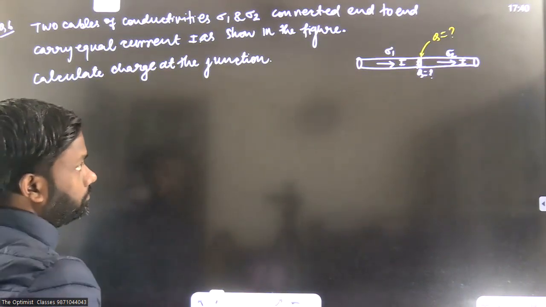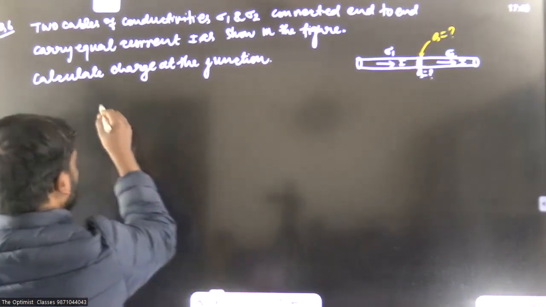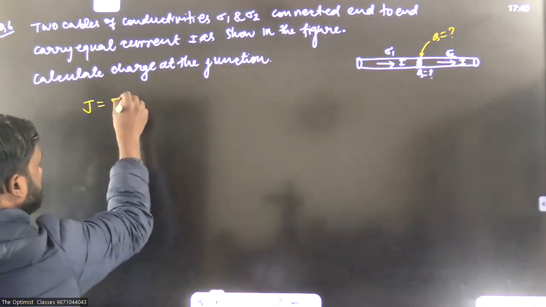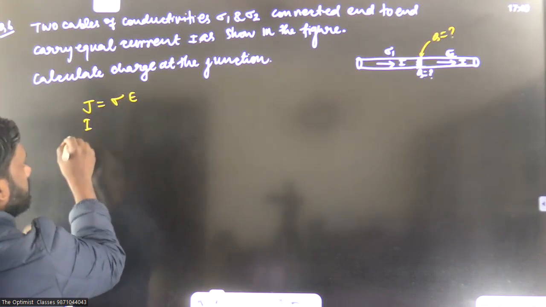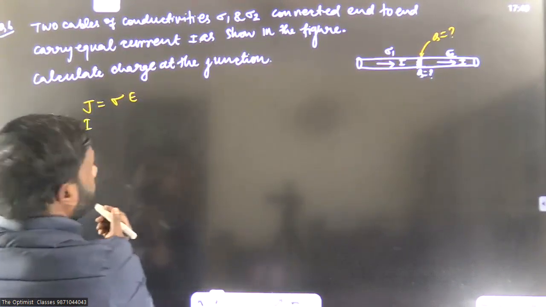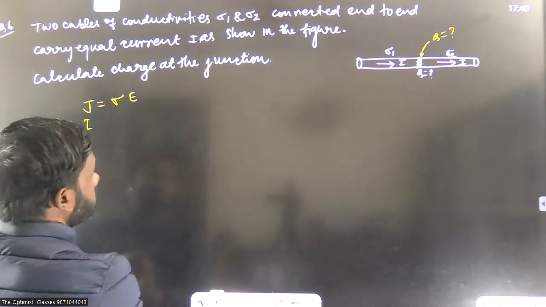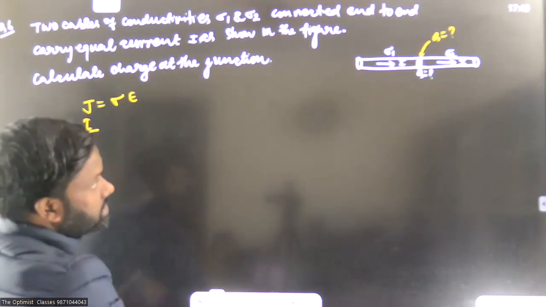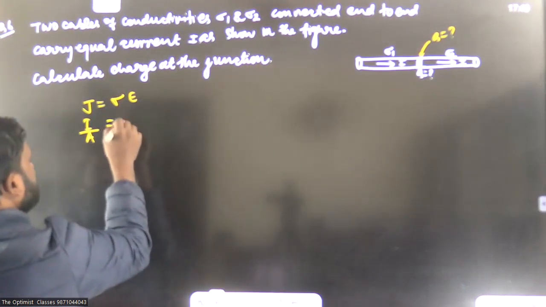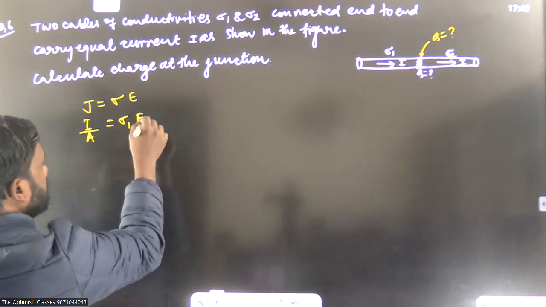So let's write Ohm's law. We know that J equals sigma E, where sigma is conductivity. J can be written as current divided by area. Here current is I and area of cross section is A. Conductivity is sigma 1, and in this portion suppose the electric field is E1.